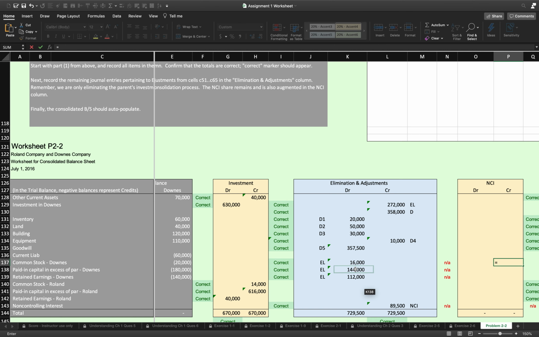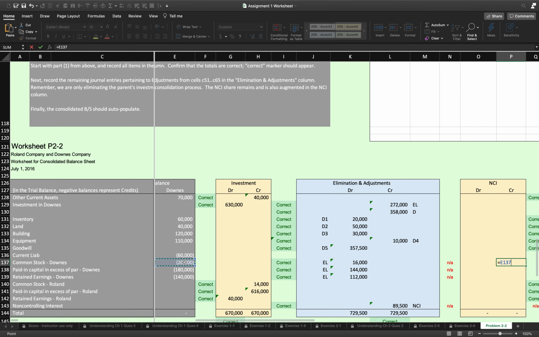So here I'm just going to go equal this minus this, but the problem is this was already negative, so to make that a positive I'll need to go minus that, and this is something we needed to subtract, so that should be it. Yep, 4,000, right? 4,000 plus 16,000 is in fact 20, so we're good there. And really I can just copy that down below, and sure enough that's correct.